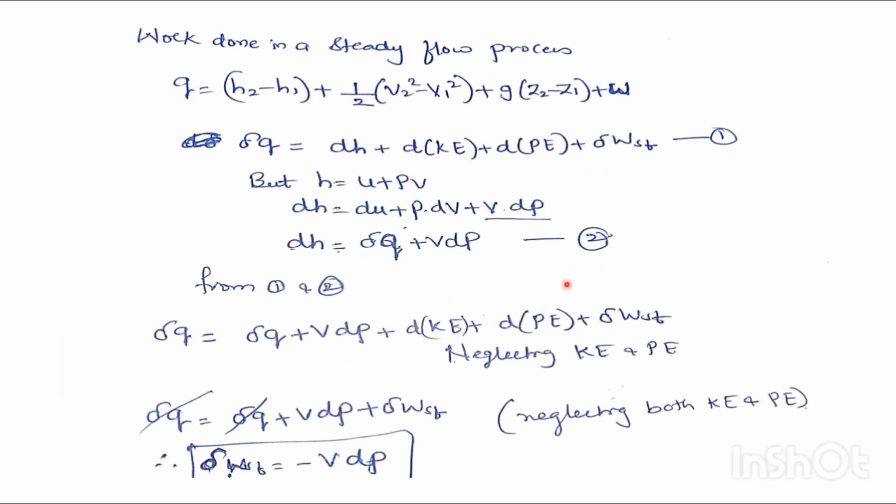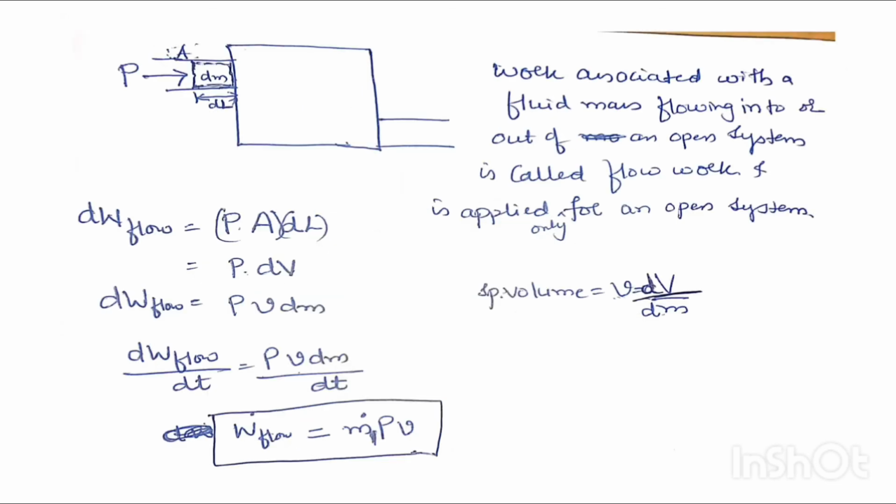Neglecting kinetic energy and potential energy, delta q is also here, so both get cancelled. My equation only remains v into dp plus delta w of steady flow. Therefore, delta W, the work done during steady flow, is equal to minus v into dp.